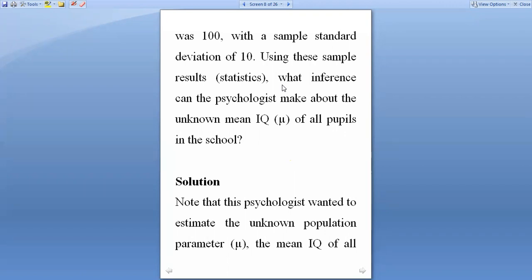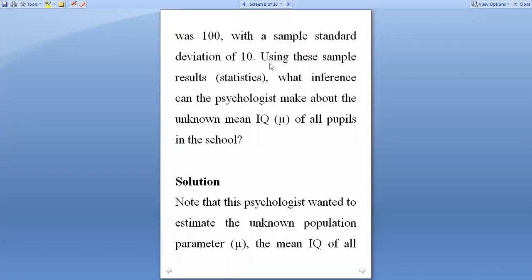At this time, we know that the psychologist or this researcher does not know the mean IQ of all pupils in the school, but the target is to know the mean IQ of all pupils in the school. Because he does not have data for all the pupils in the school, he collected data from a sample and calculated their mean IQ.